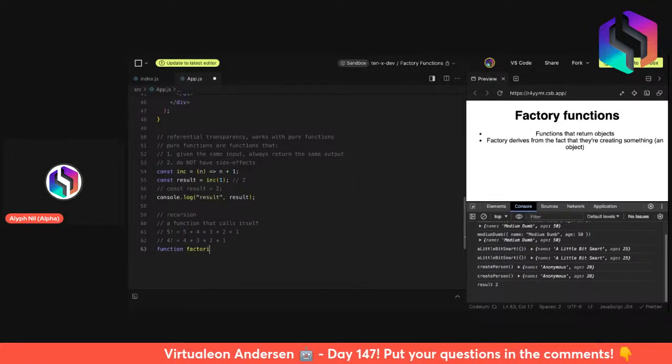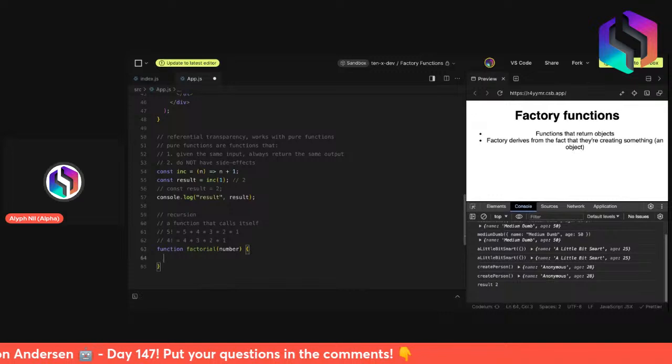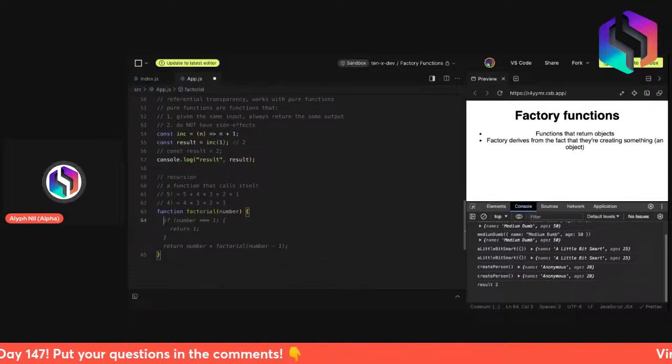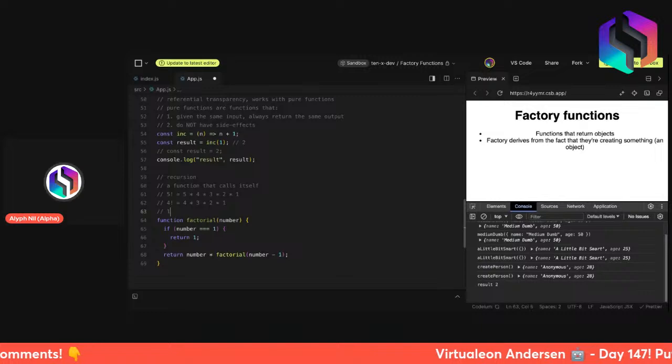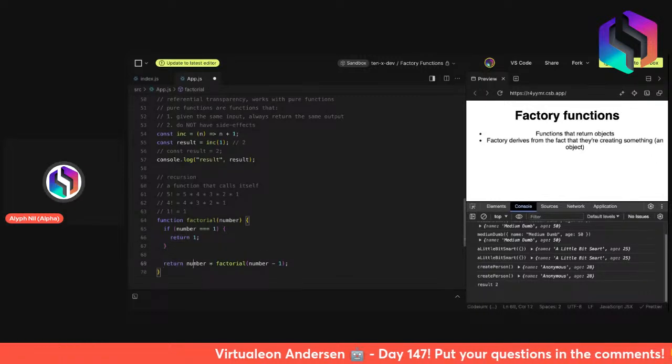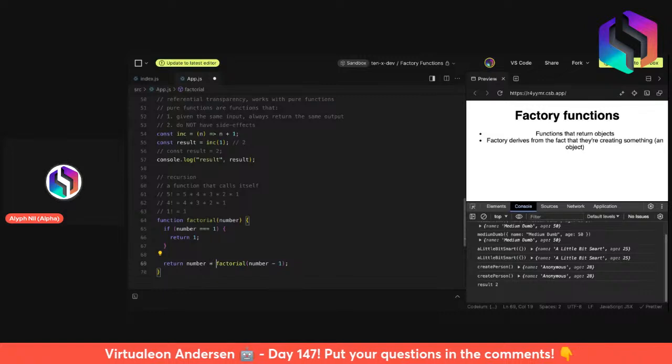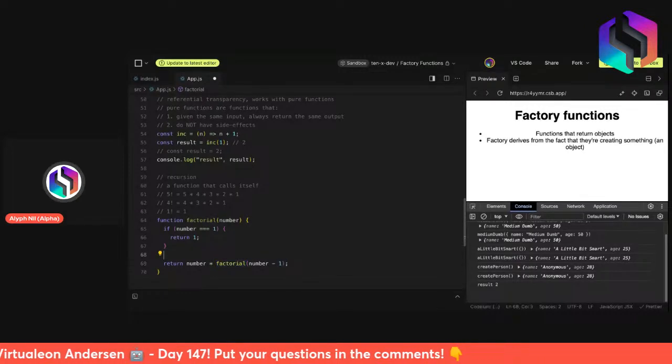So you can say factorial of number, and then say if number equals 1, we return 1, right? Because 1 factorial is 1. And other than that, we return the number times the factorial of the number minus 1, right?